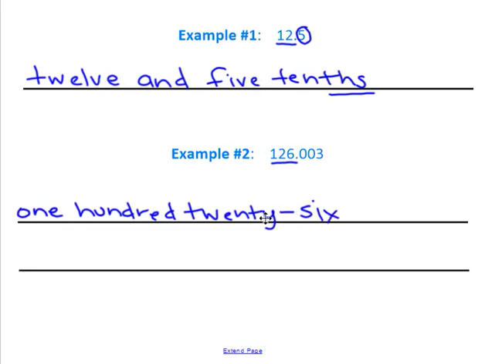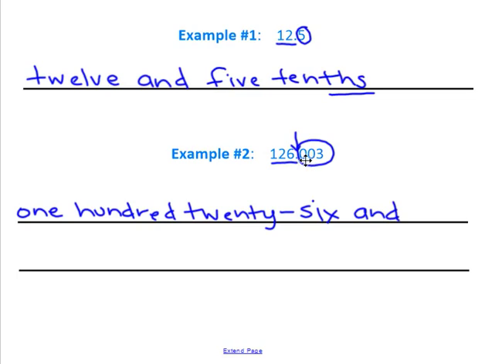Now notice that I put a hyphen between 26. So you always put a hyphen between numbers like 21, 22, 23, 47, 48, 49, okay, things like that. Then you're going to say the decimal, which is "and." Now we have to say the part after the decimal.